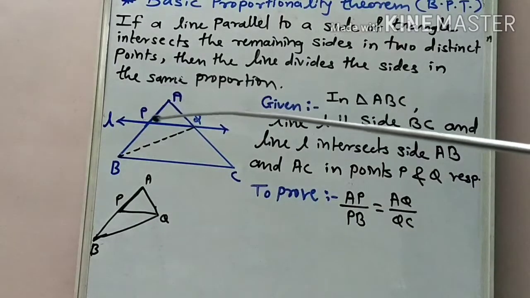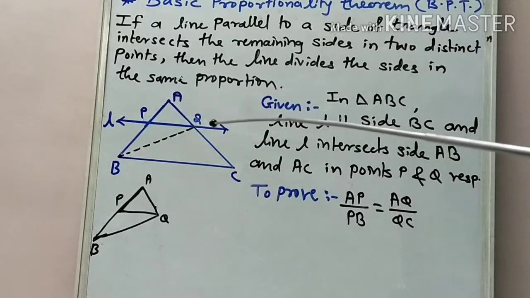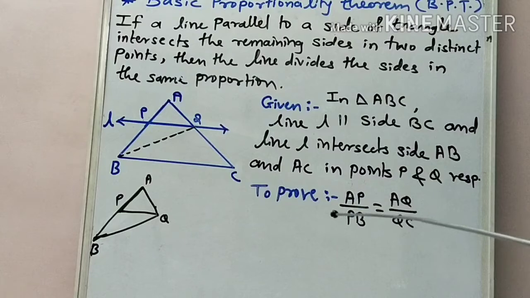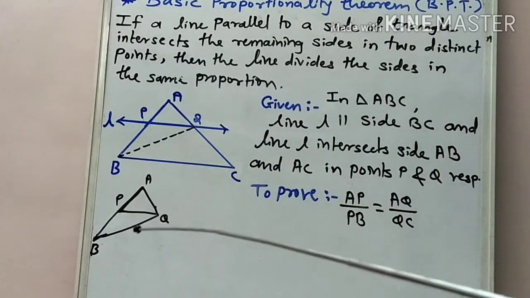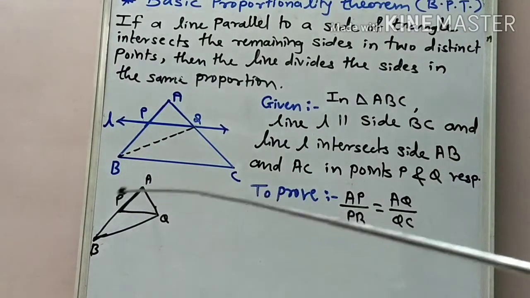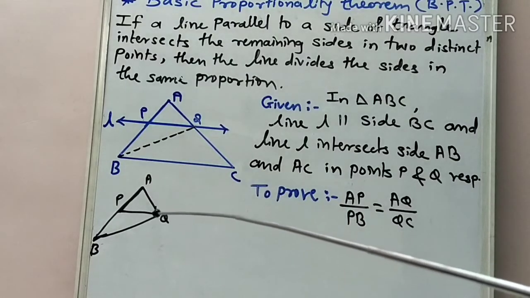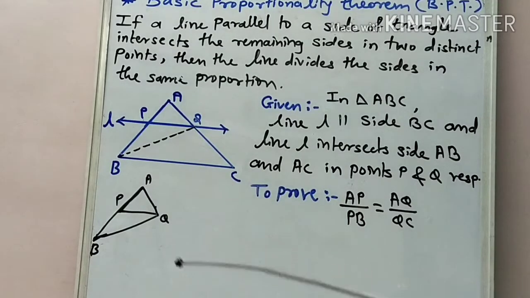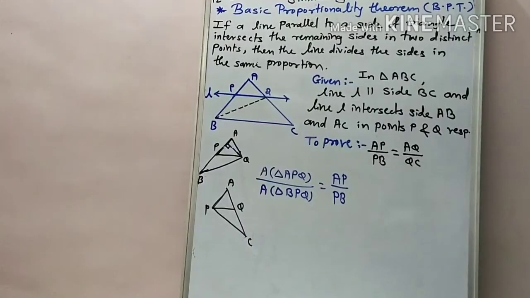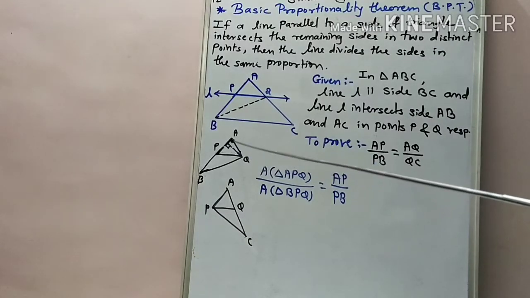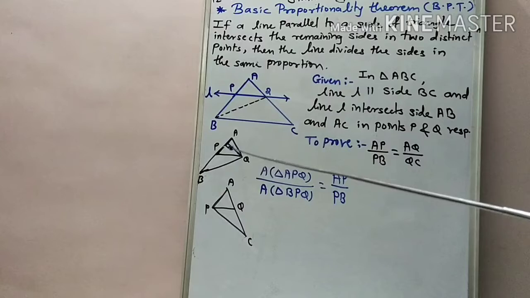So in triangle APQ and triangle BPQ, we get the ratio AP upon PB. How do we get this ratio? As you observe this figure, AP and BP are the bases of these two triangles, and we get a common height from the opposite vertex Q. As I draw the perpendicular from Q to AP, that perpendicular is the common height for both triangles.